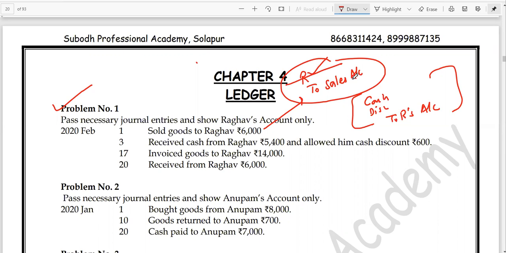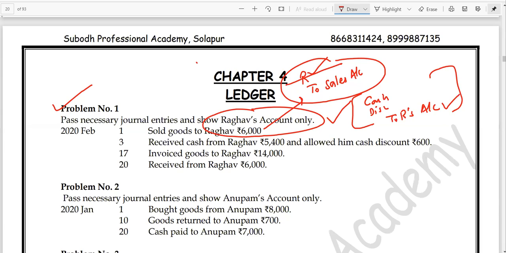This is the entry, and we have to do the posting of this entry to Raghav's account because they have asked us only Raghav's account. So in this entry, we have credited Raghav's account. Cash account debit, discount account debit to Raghav's account means we have credited Raghav's account.